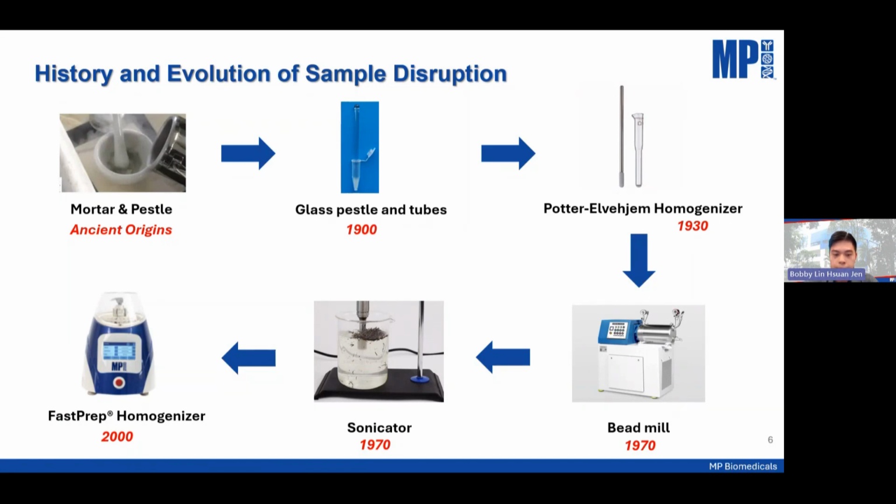Also in the 1970s, we have the sonicator, which uses ultrasound to create tiny bubbles and disrupt some of the proteins and cells. Essentially, this is more for softer tissues and easier to lyse sample types. For a modern-day advanced homogenizer, we have MP Biomedicals' FastPrep homogenizer in the 2000s, which we'll be sharing with you on how this benefits our sample preparation.